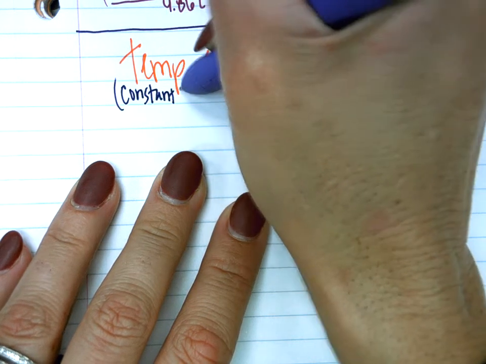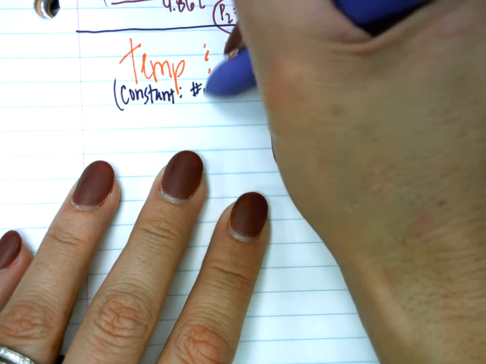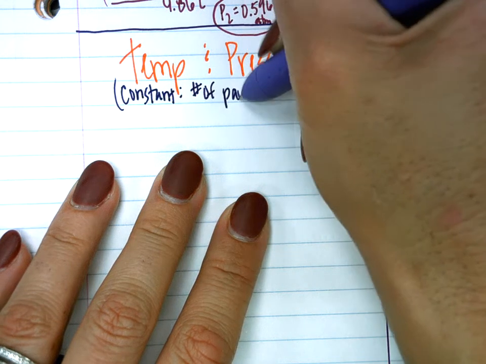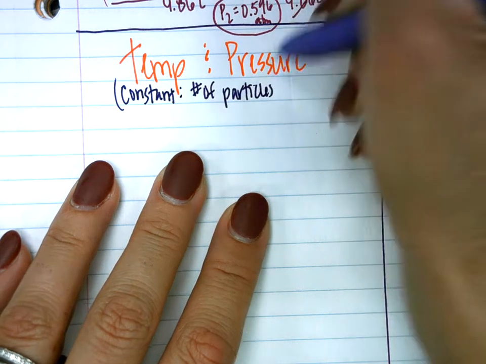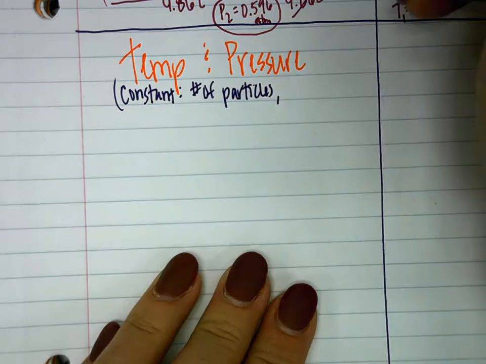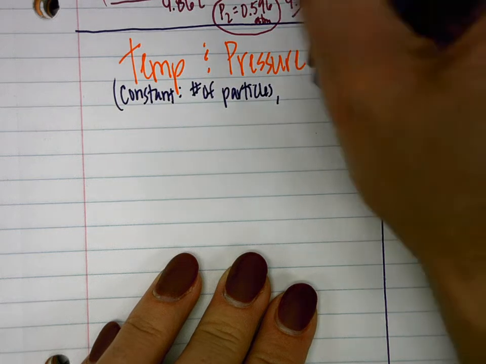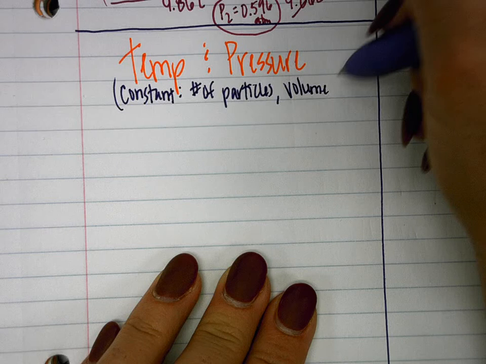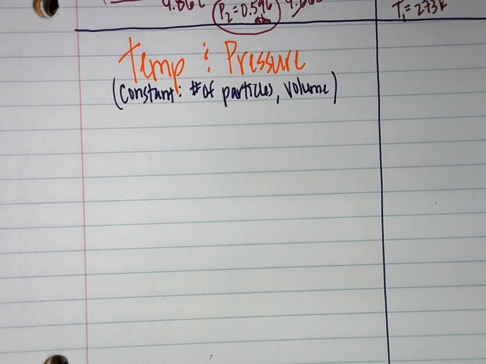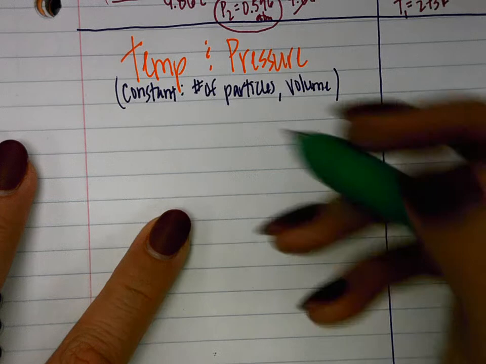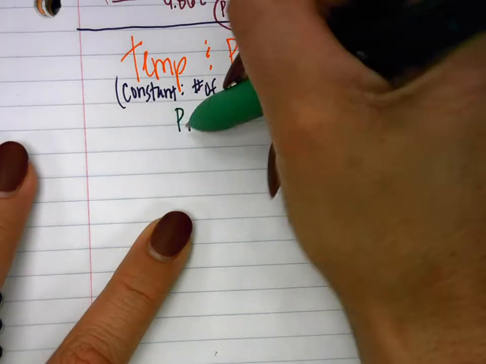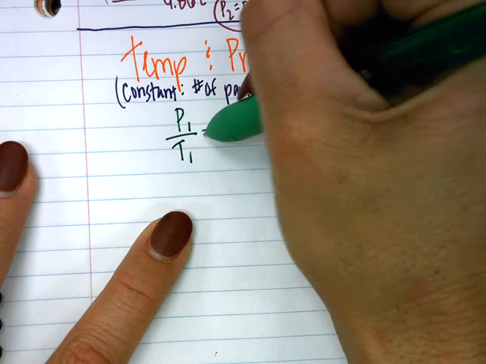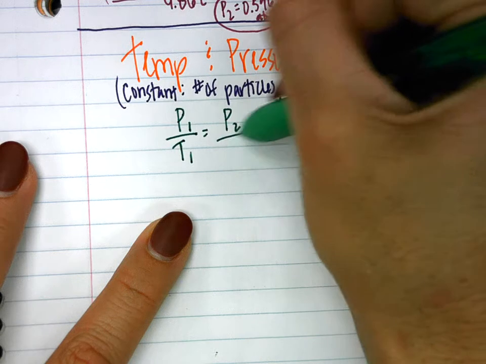Would definitely be our number of particles and our volume. So the volume, you can think about we're in a non-flexible container. It's not going to get bigger. All right. So this relationship is P1 over T1 equals P2 over T2.